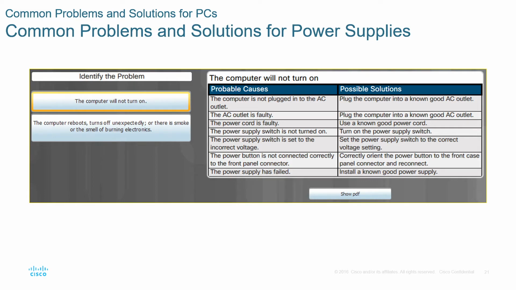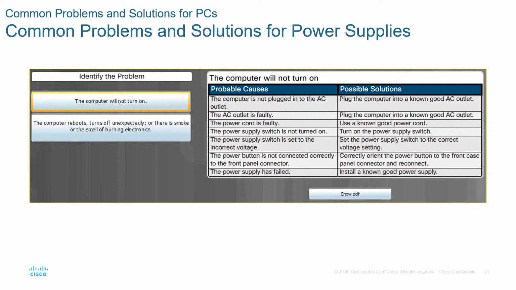Turn on the power supply switch. Make sure you turn on the power supply switch on the back of the computer. If you have a desktop, there's usually a switch on the back of the power supply. Make sure that switch is on before you press the power button on the front panel, the one that stays on the front of the computer.